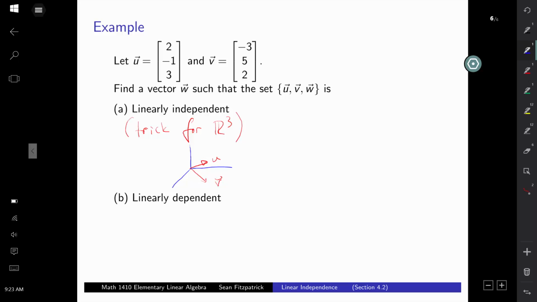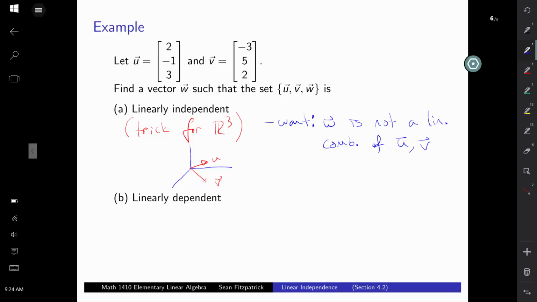So we want to make sure that w is not a linear combination of u and v, because if w is a linear combination of u and v, then we know the set would be dependent because we could write w in terms of u and v, and so we want to make sure it's not.